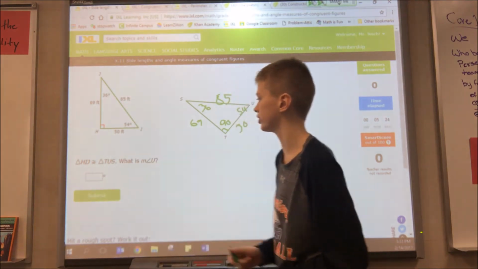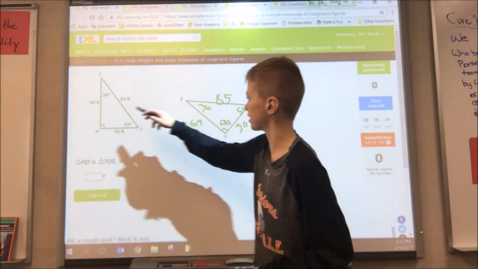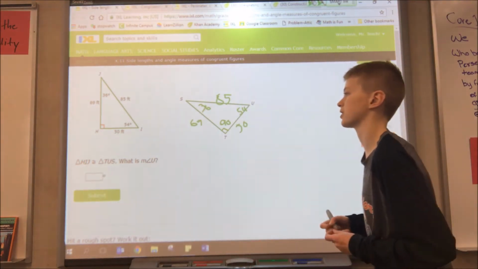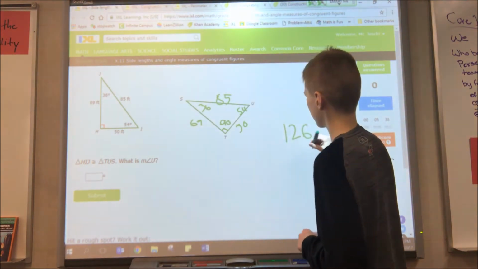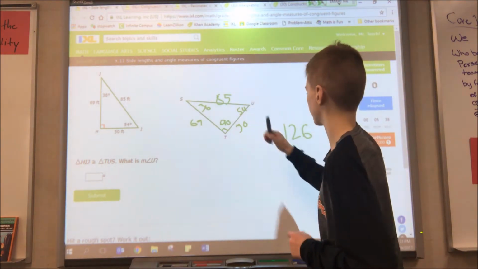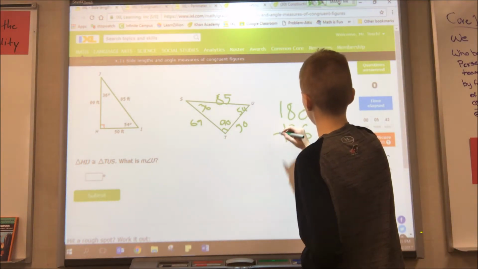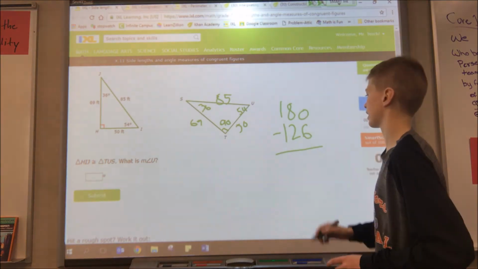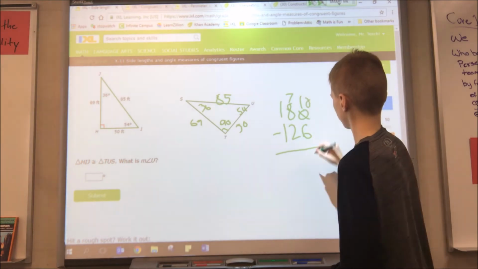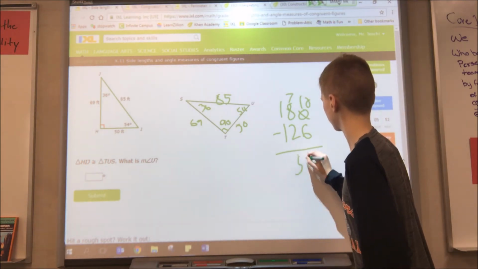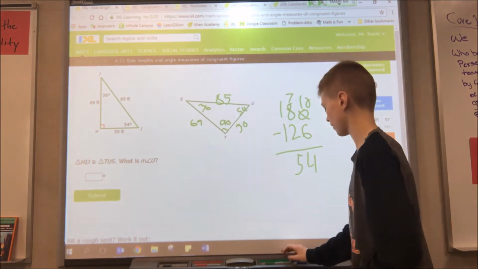And all of the angles add up to 180 degrees. And so if S equals J, then 36 plus 90 would equal 126. So the last one is U. So if we take 180 minus 126, we get 54. So that means this equals 54.